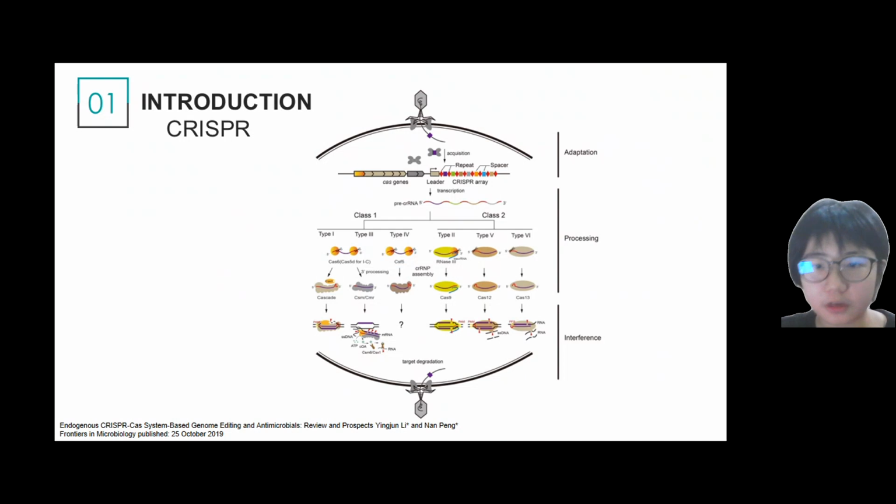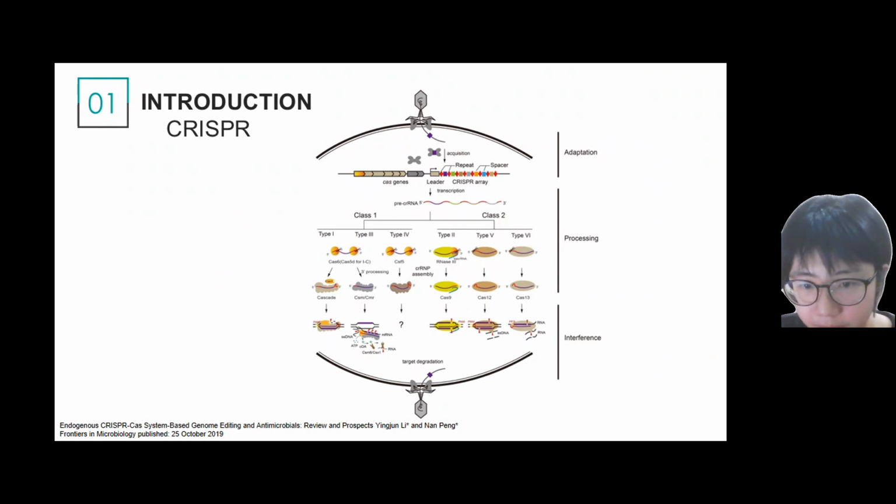The CRISPR family can be divided into two classes, distinguished by their ribonucleoprotein, the RNP, and the two classes can be further subdivided into three types. Among them, the most widely used Cas protein is Cas9, belonging to type 2 in class 2.